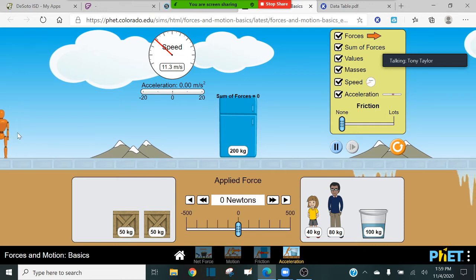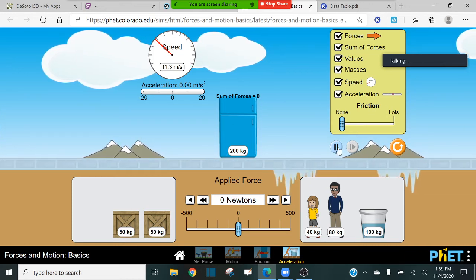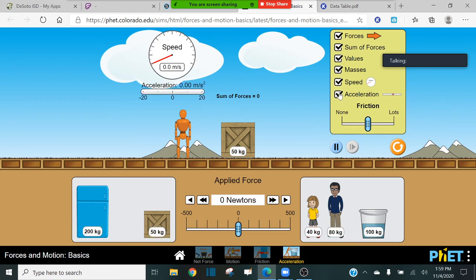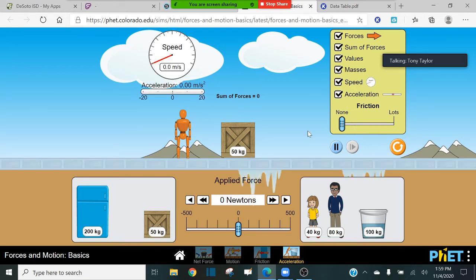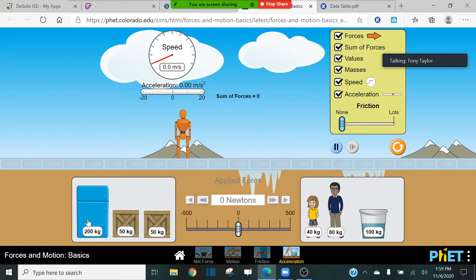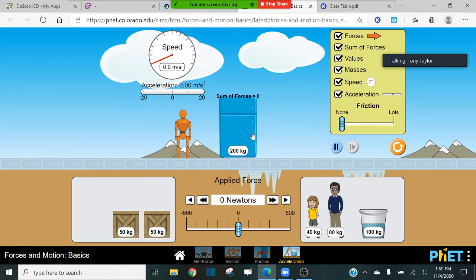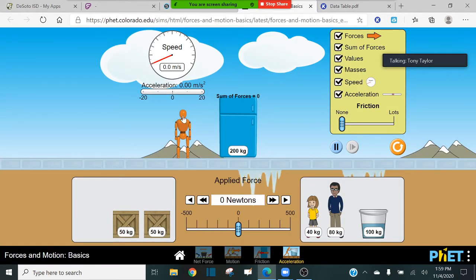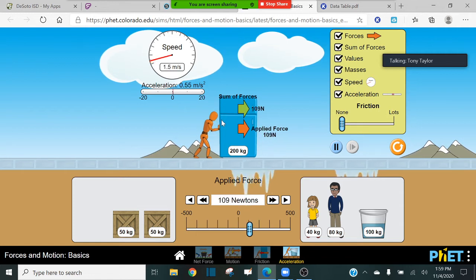So I'm going to choose another data point. Again, turn friction off. So remember, I'm holding mass constant. So let us see what happens if I apply 200 newton force.